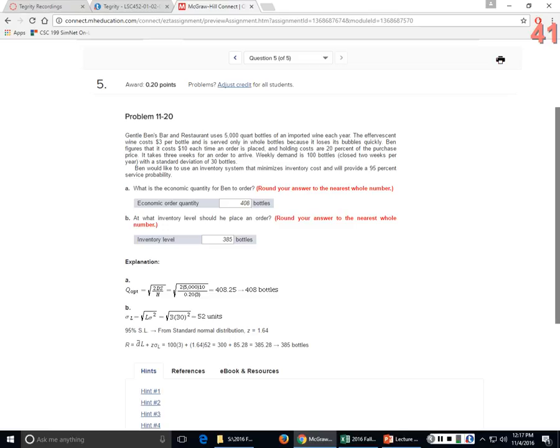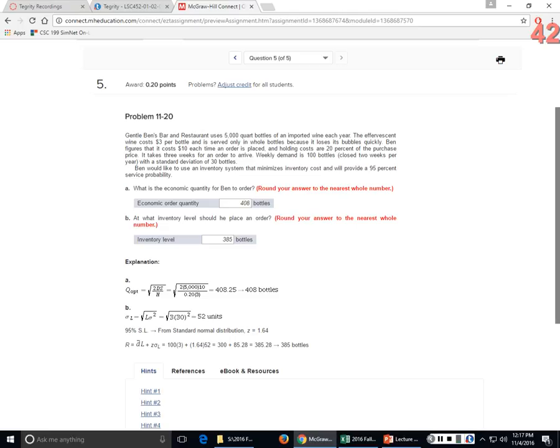Now I have to adjust. Somewhere in here I'm given the standard deviation of demand. Weekly demand is 100 units with a standard deviation of 30 bottles. So my standard deviation of demand is 30.